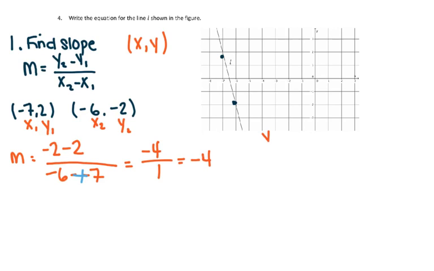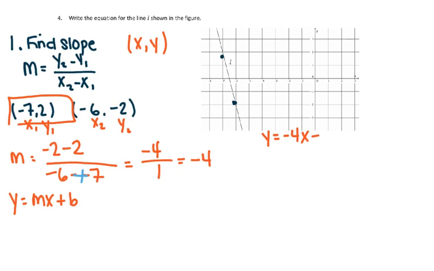So I'm going to start to write out my equation in slope-intercept form. Y equals negative 4x. And I'm not really sure where my line is going to cross my y-axis, because here's my y-axis. It's probably going to cross way down really negative. So I'm going to add a negative mark here. And I'm going to solve for my y-intercept, b, by using the equation y equals mx plus b and using one of the points that we found on our line.